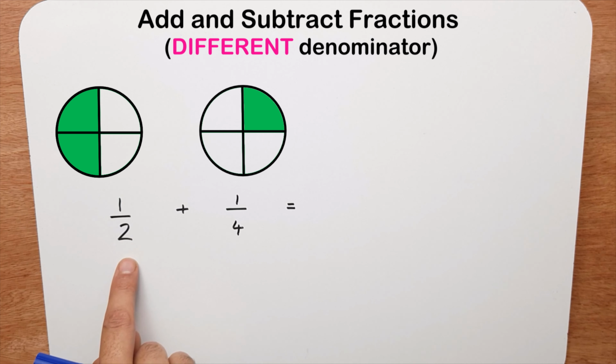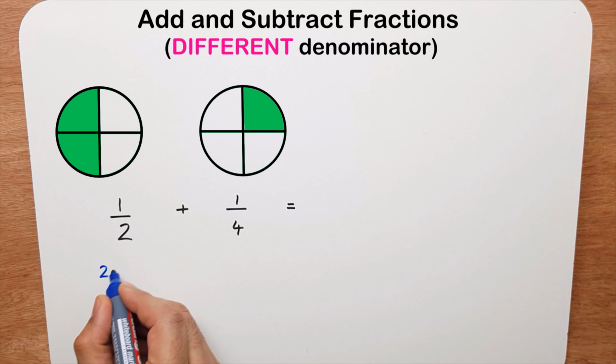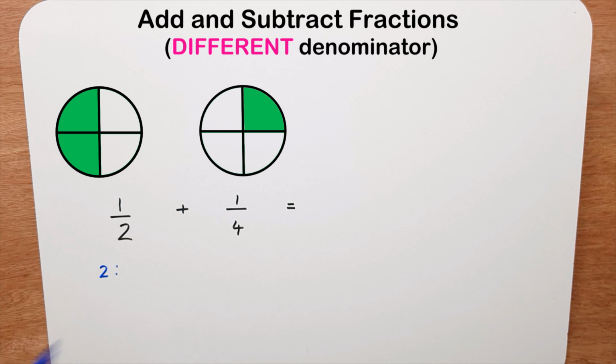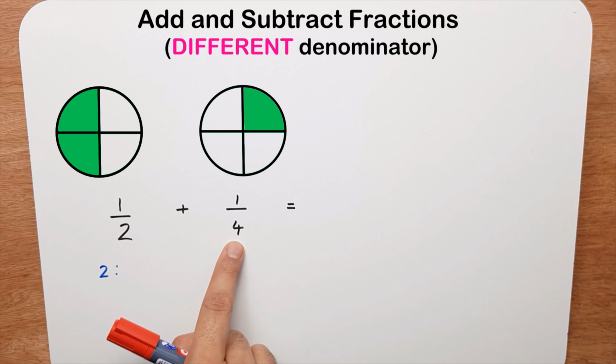When you first start doing these questions, the best way to do it is to do the 2 times table because of that, and the 4 times table because of that.